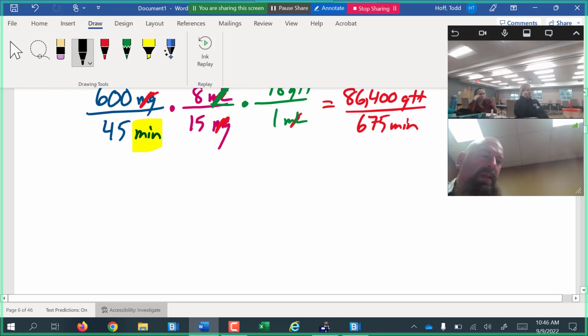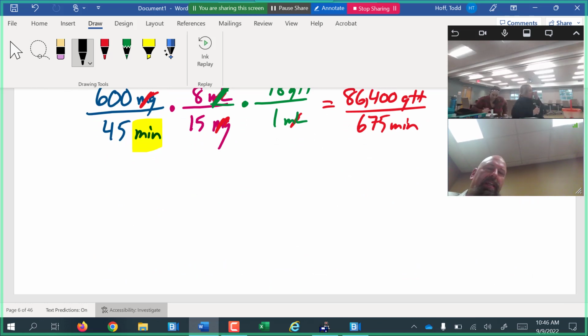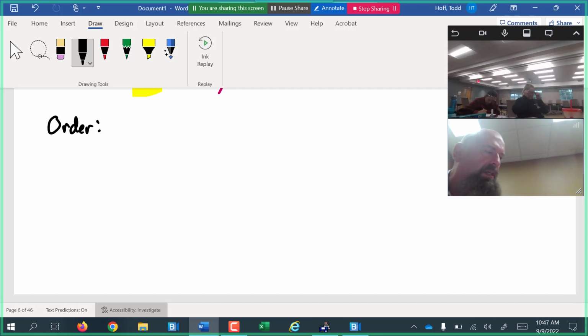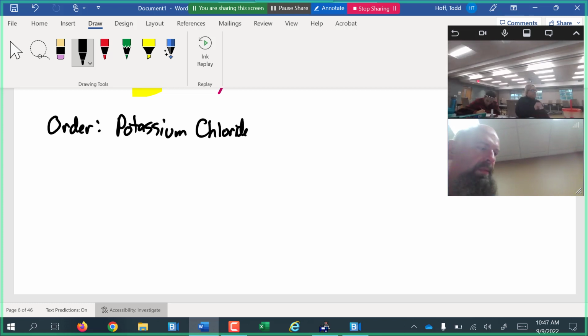Now, the one example I want to go back to here, because remember I said that the beauty of dimensional analysis is we don't even have to understand what we're really working with. So I'm going to go back to this example where our doctor's order is for potassium chloride, 40 MEQ.